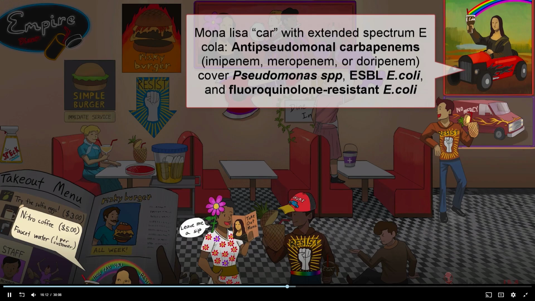Outpatient treatment of pyelonephritis with risk for multi-drug resistance will be treated with fluoroquinolones against Pseudomonas and ertapenem against those resistant E. coli. And over on the left, treatment of cystitis with risk for multi-drug resistance involves nitrofurantoin or fosfomycin.